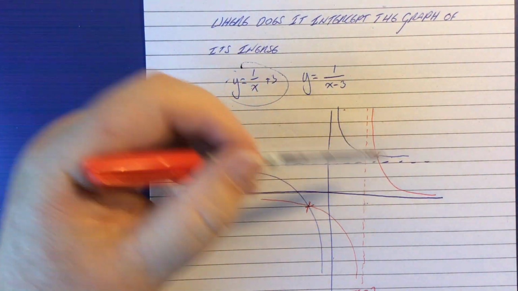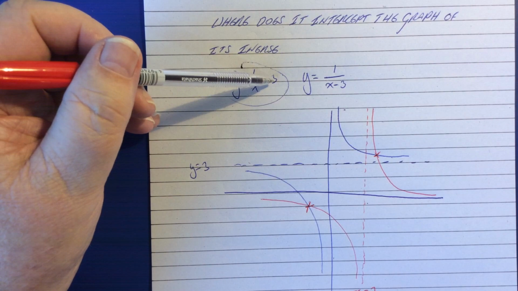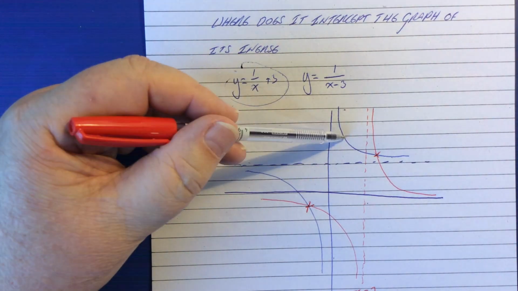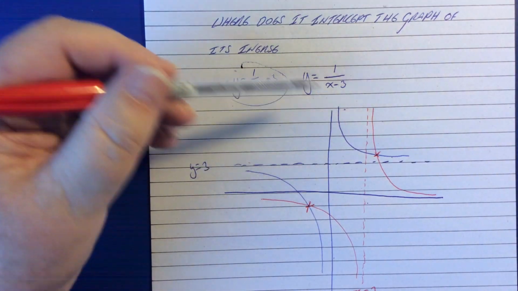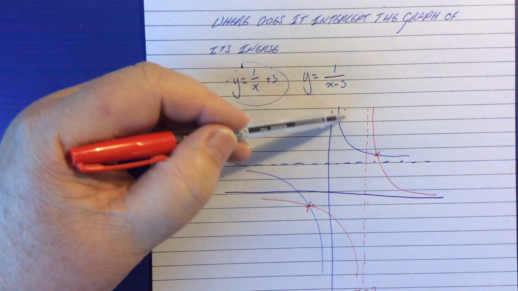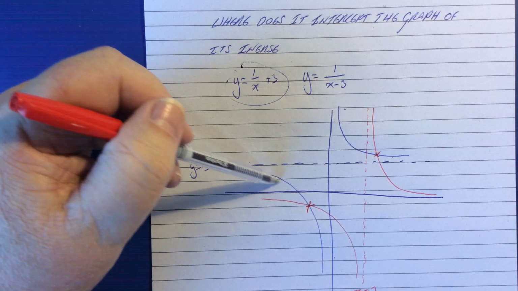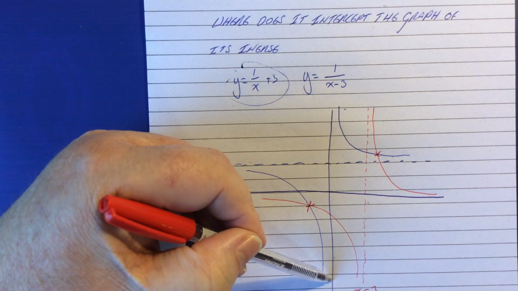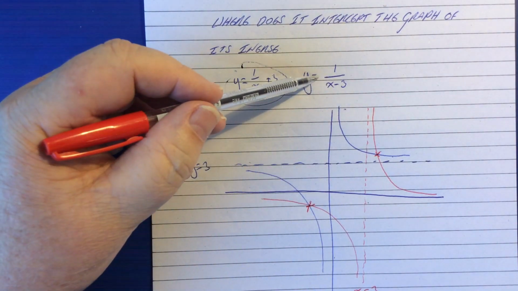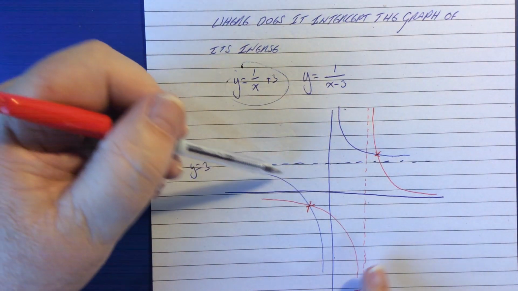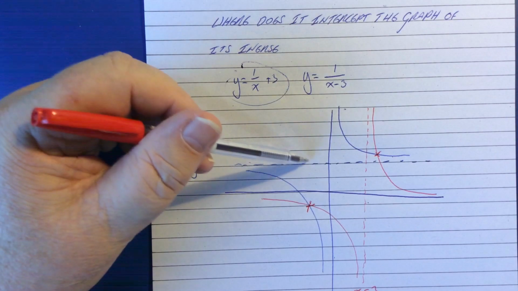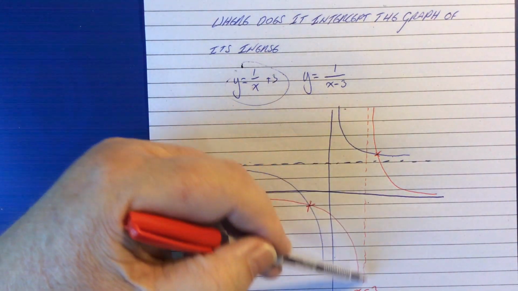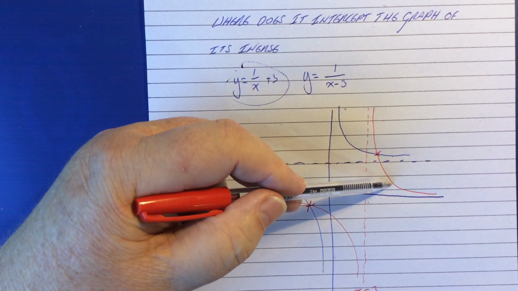So let's just go through this again. This thing has an asymptote at y equals 3, and it's a positive hyperbola. So it looks like that, and it looks like that. The other asymptote is the y-axis. Because this is its inverse, the asymptotes are reversed. So y equals 3 is now the asymptote x equals 3 for this.